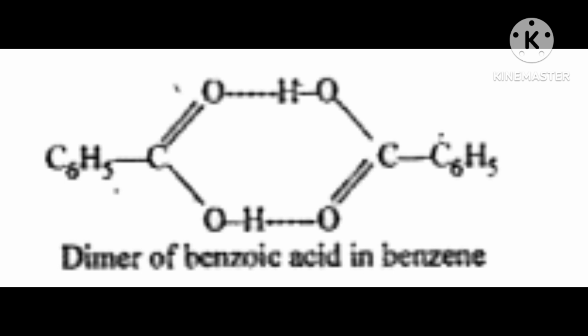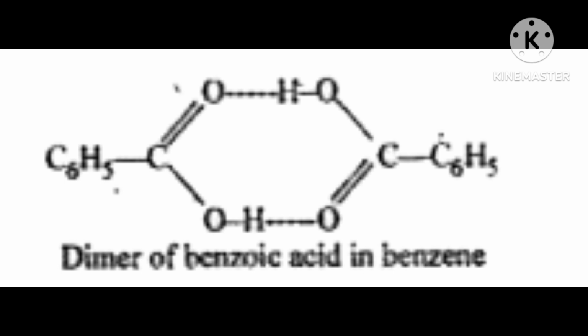That's why the molecular mass becomes half. This is the important thing I told you. It will affect delta T or delta F, so the elevation in boiling point or depression in freezing point will be twice the expected value.